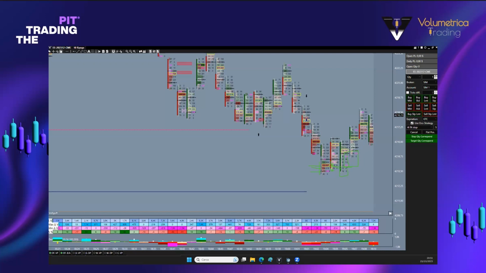So from here on, we can definitely say, okay, that was a battle. Buyers have won. Then we can say at this stage here there was an absorption of sellers.